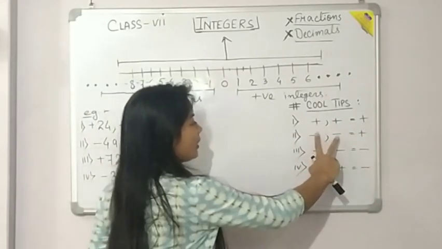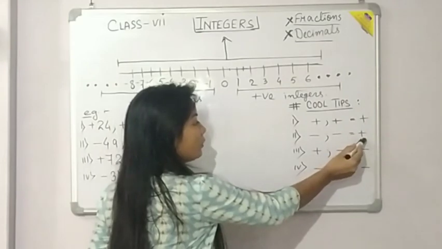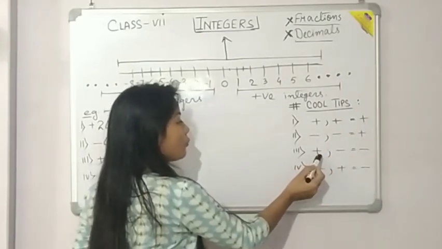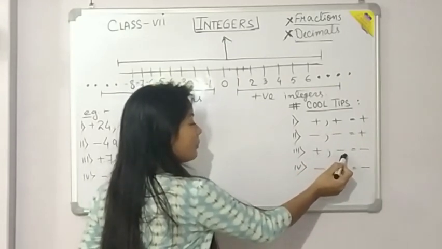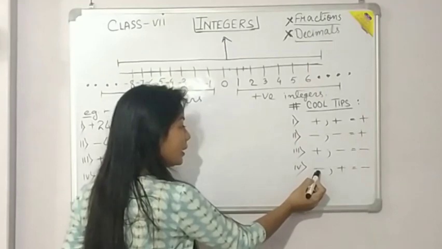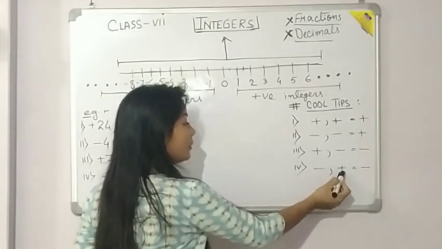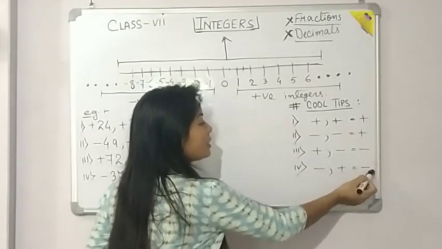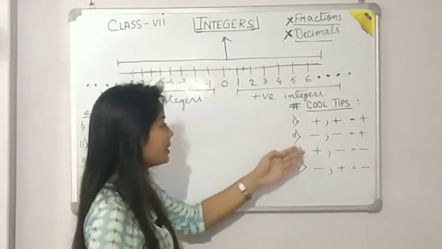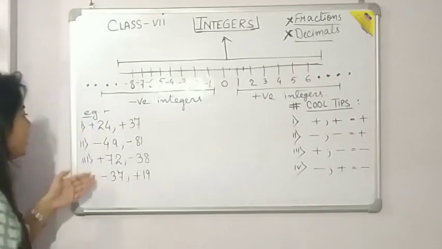And if we are provided with two negative numbers, then also we have to do addition. If we are provided with one positive number and one negative number, then we will do subtraction. As well as if we are provided with one negative number and one positive number, then also we will do subtraction.